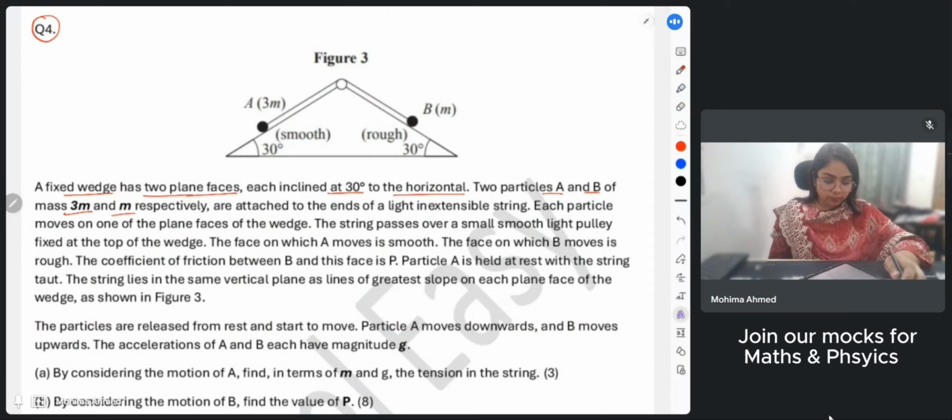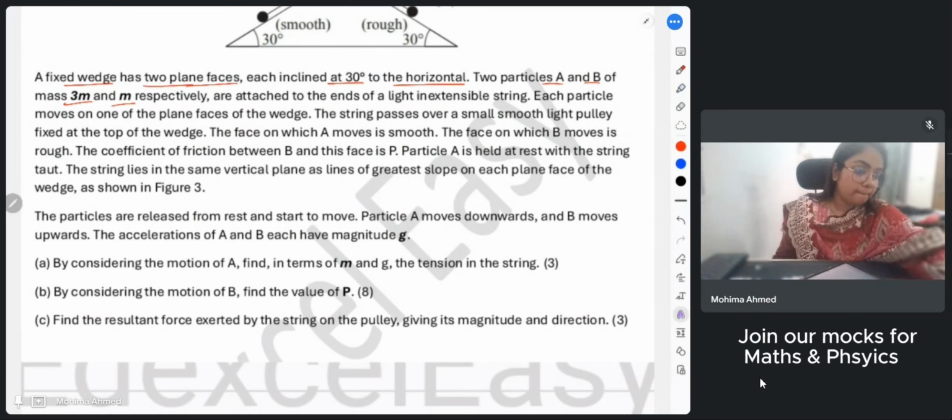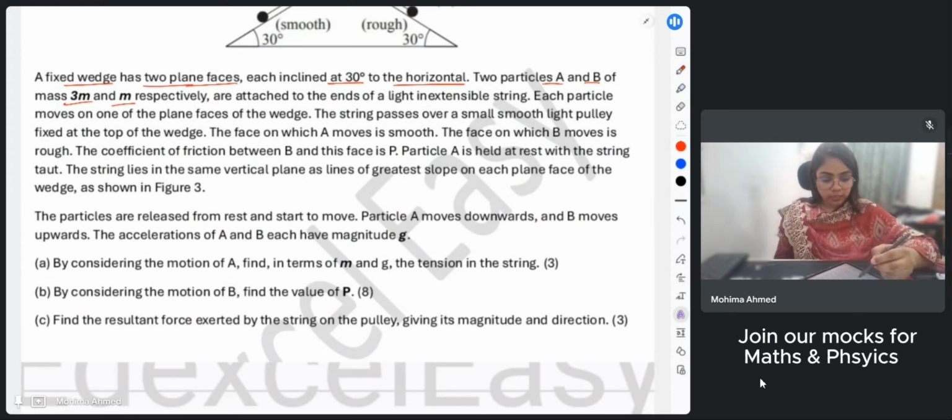And the accelerations of both A and B each have magnitude g. Okay, so as I was saying, they both are going to accelerate with a magnitude of g, which is 9.8 for our consideration. So for part A, it says that by considering the motion of A, find in terms of m and g the tension in the string.